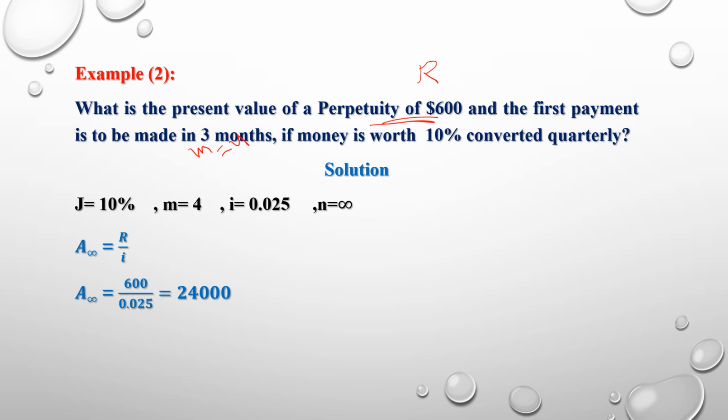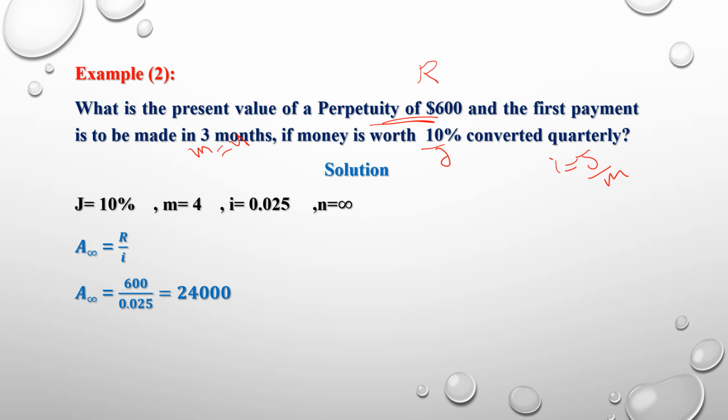If money is worth 10%, this is J, and converted quarterly, then I equals J over M. From this example, we have J equals 10%, M equals 4, I equals J over M, which is 0.025, and N is infinity, as this is a perpetuity.